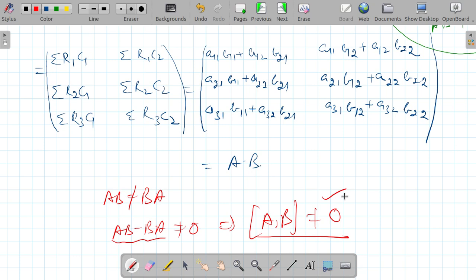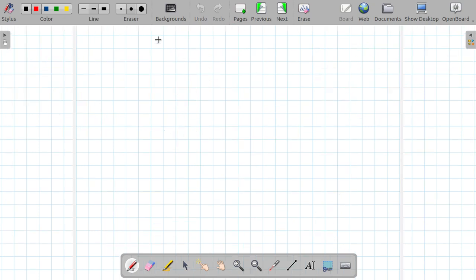Now let us define various matrices. So first of all, let us define the null matrix.